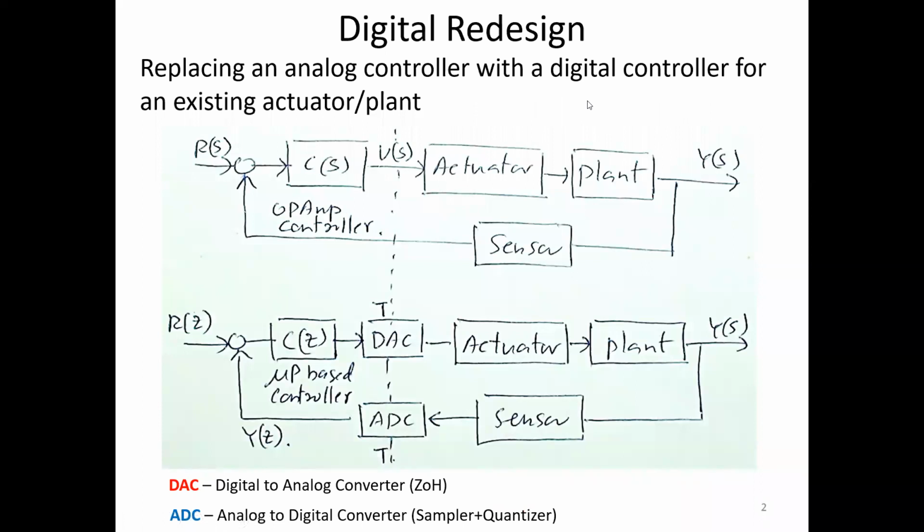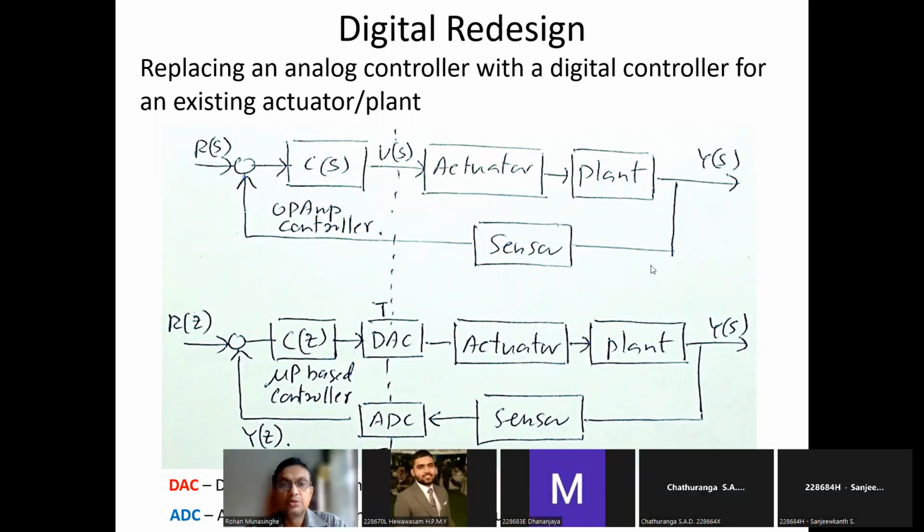The first thing I want to show you today is how the digital redesign process is implemented. Here you have an analog control system. Let's call it the plant here.